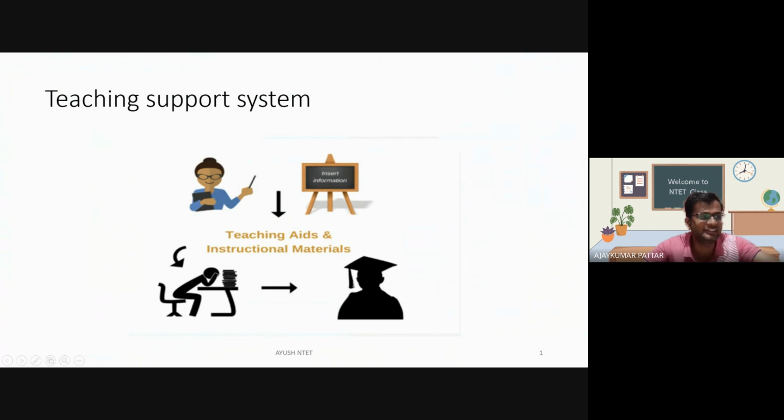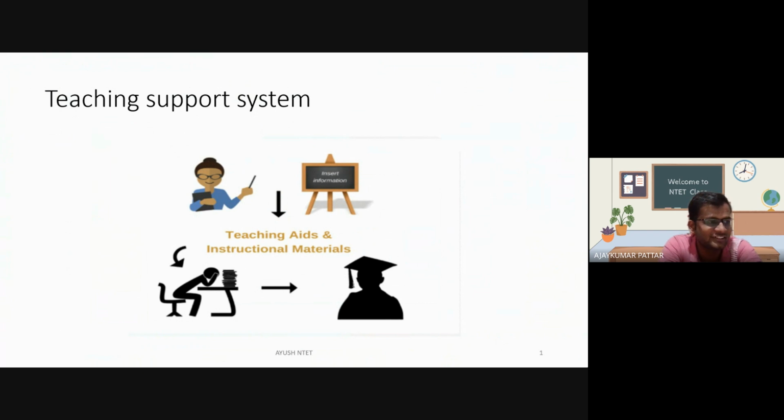What are teaching aids and instructional materials? Are these two the same or different? What do you think? When is something called a teaching aid, and when is it called instructional material?